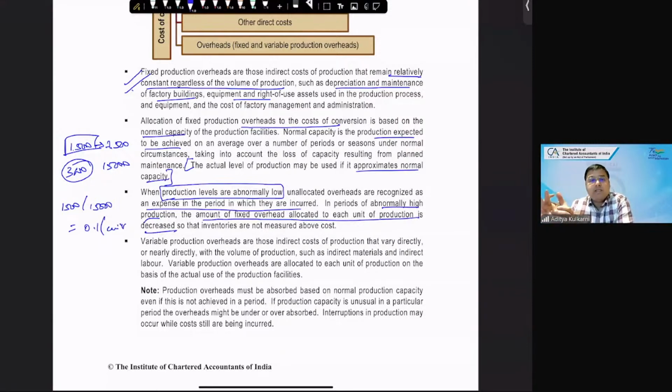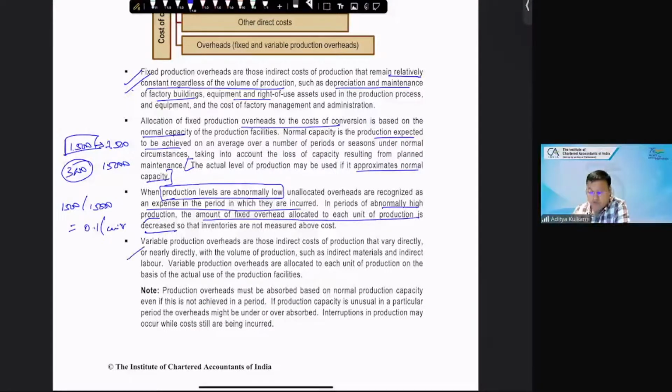Original, what it was, sir? 0.2. Now how much will it be? 0.1. Why did I make it 0.1? Because if I had taken 0.2, I would absorb more than the cost incurred. So my inventory would go higher than the cost price, which is not right. And therefore you will take the revised absorption rate. Are we okay with this?